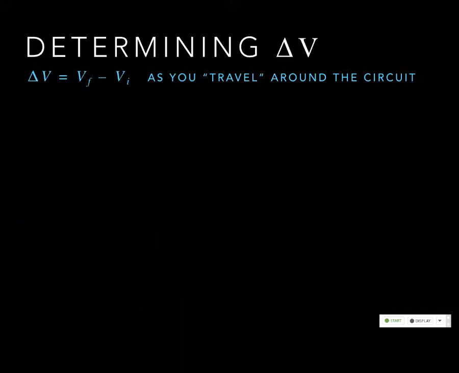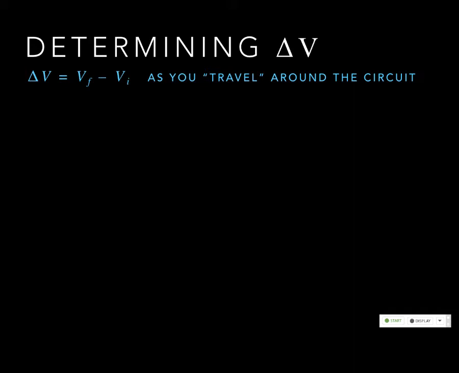So remember the directional stuff, how you get the signs. For a battery, when do you have a positive change in voltage? When it goes negative to positive. When you travel, remember you have the current and the direction of travel. The battery doesn't care about current, just direction of travel.